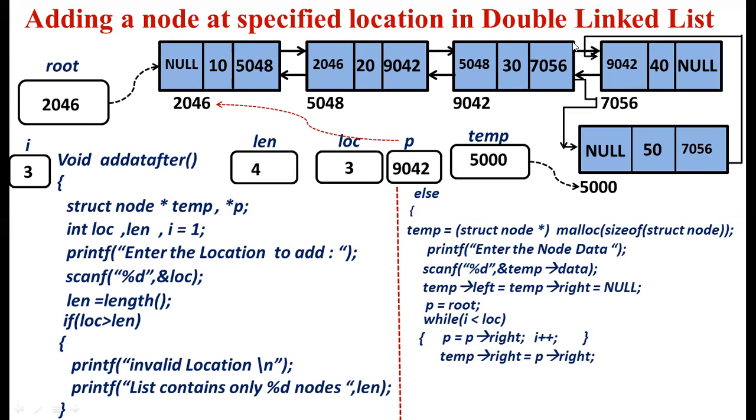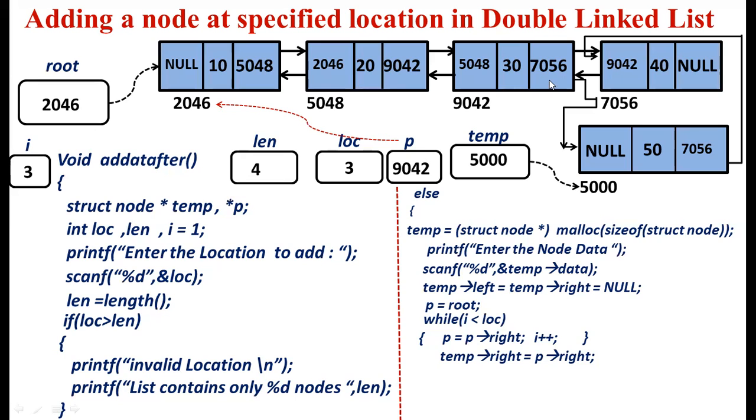So P is 9042. So P to right is 7056. And so the 7056 node's left link is this particular location. So P to right to left, pointer to pointer concept.